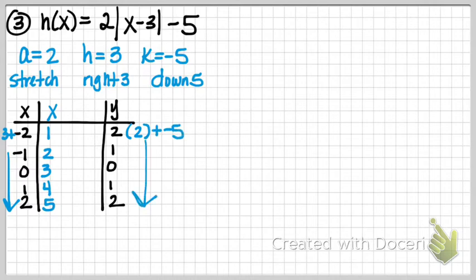So 2 times 2 is 4. 4 minus 5 is -1. 1 times 2 is 2. 2 minus 5 is -3. All right. Who had that? This is the table that I'm graphing. Who had that as their table? All right, let's go ahead and graph it out.